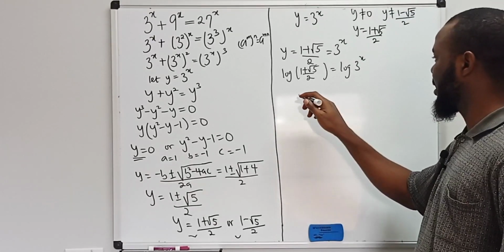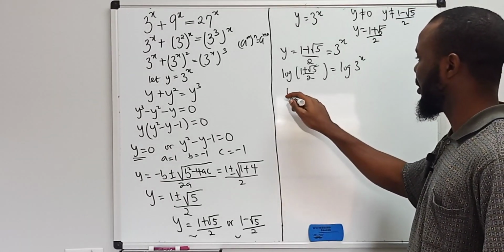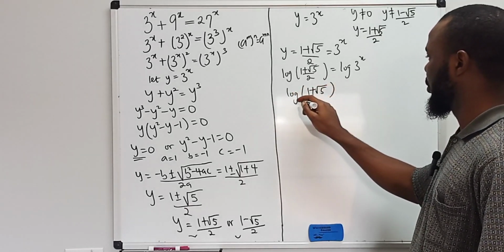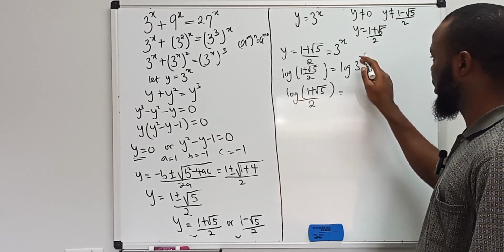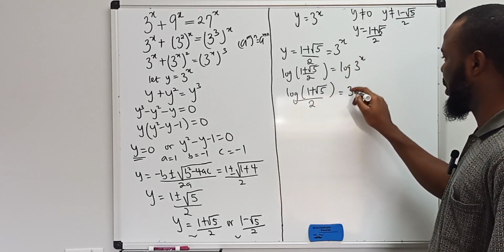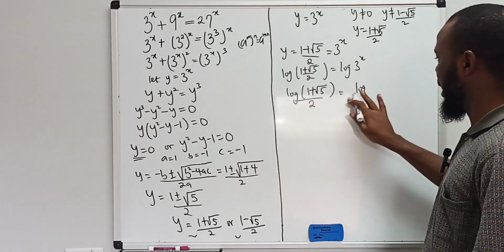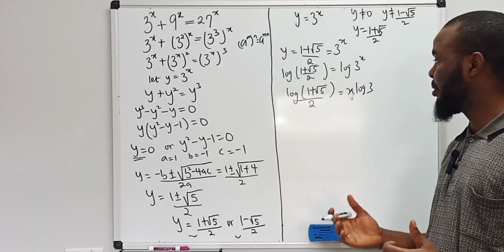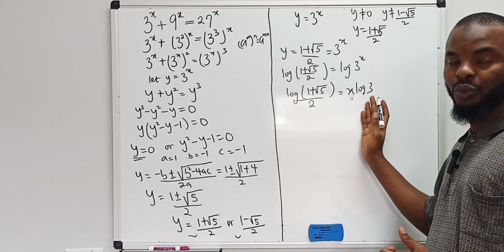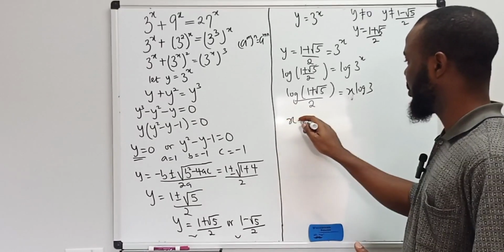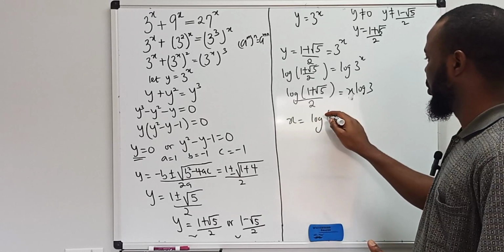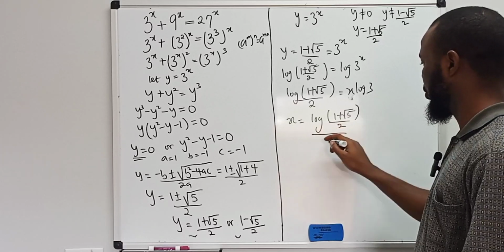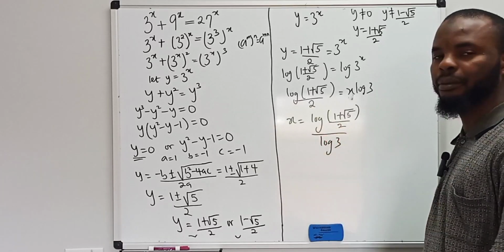Remember the law of logarithms: here we can have log of 1 plus root 5 over 2 equals x log 3. So to get the value of x, divide both sides by the coefficient of x, which is log 3. So here my x equals log of 1 plus root 5 over 2 over log 3.